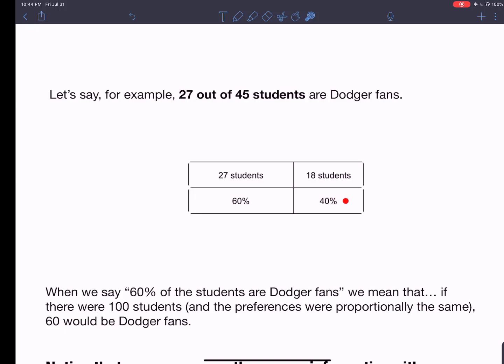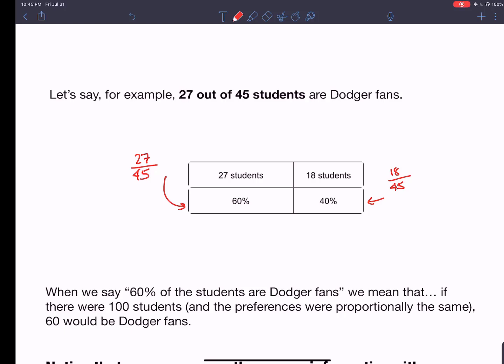And then I got these percentages. Where did these come from? This percentage came from 27 students out of the total number of students, 45. As a percentage, that comes out to be 60%. And the same thing happens with these 18. I got this 40% from saying 18 out of the total 45 students are not Dodgers fans.